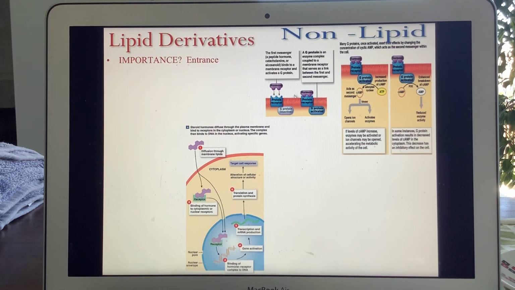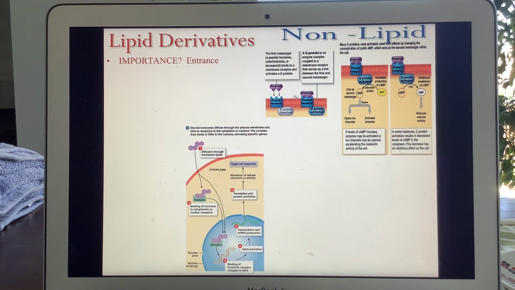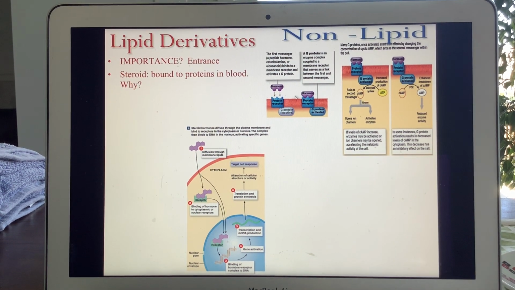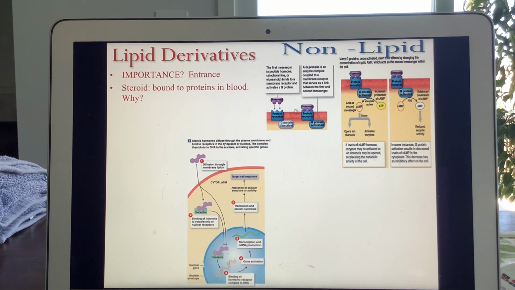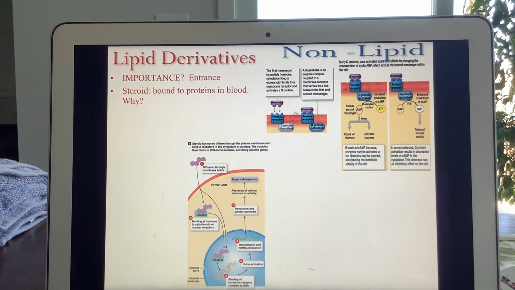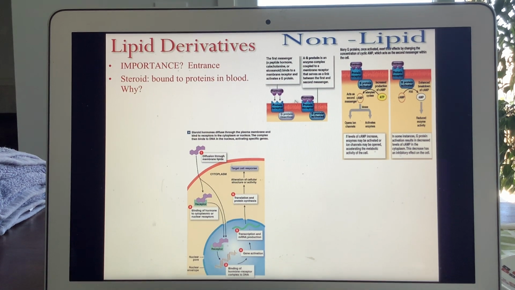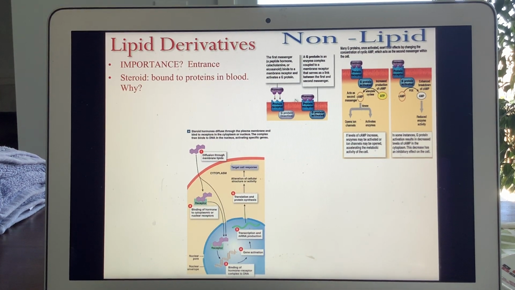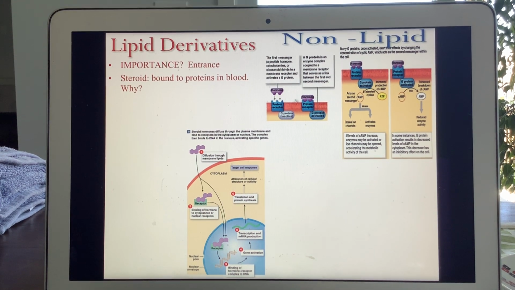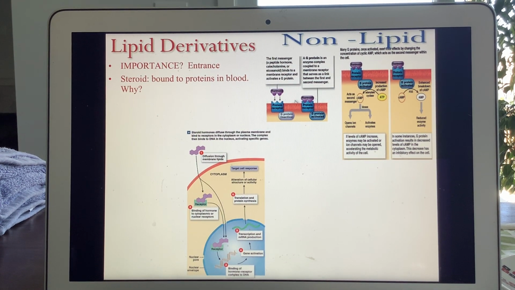When we talk about their entrance into the cell, the lipid-derived hormones are normally going to be steroids. Steroids have to be bound to proteins when they travel through the blood. And why? We just said. They have to be bound to proteins because lipids are not soluble in water, which is what blood mostly is.